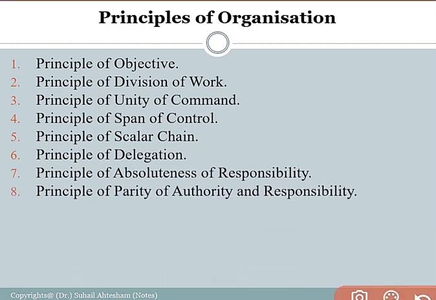Next principle, parity of authority and responsibility. It is related to distribution of authority and responsibility in the formal organization to the people working for the organization. Both authority and responsibility must be coexistent, right? So the employees who are working in the organization, maybe at supervisory level or subordinate level, have to make a balance between the authority and responsibility.